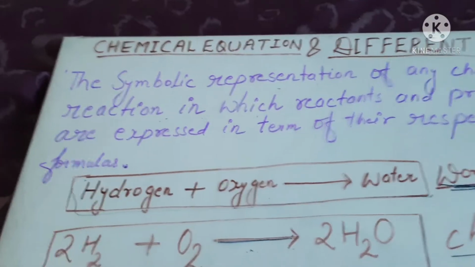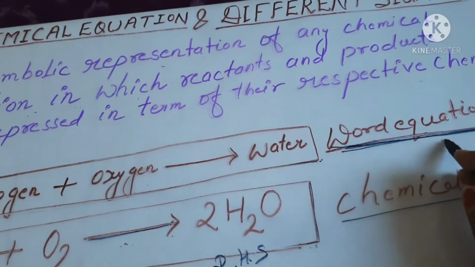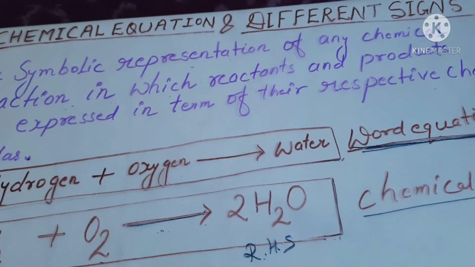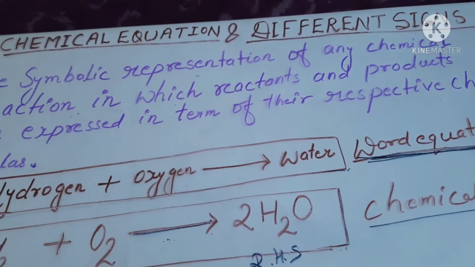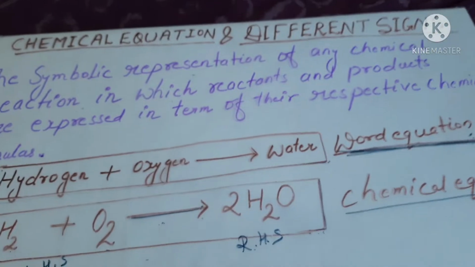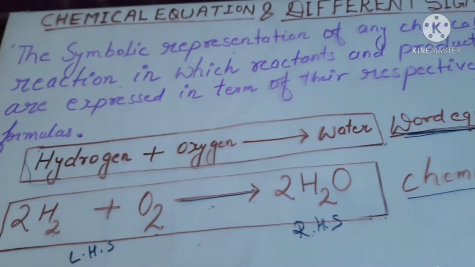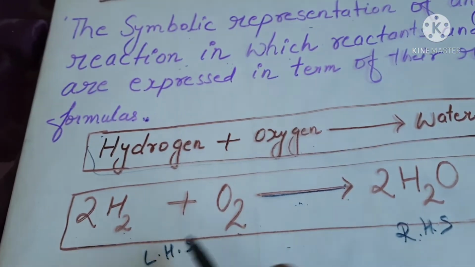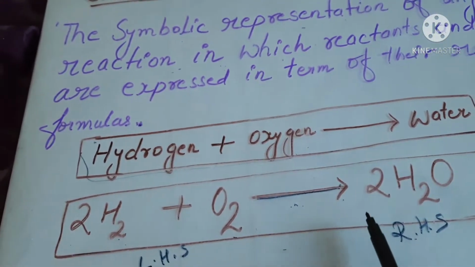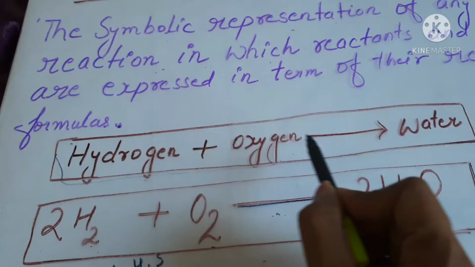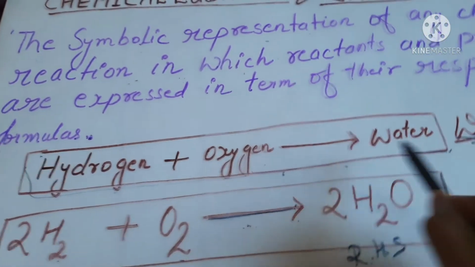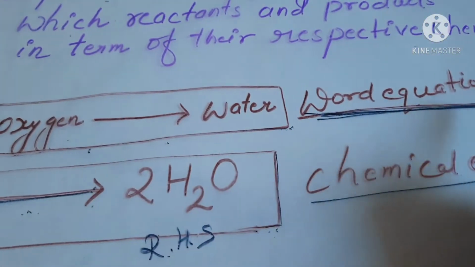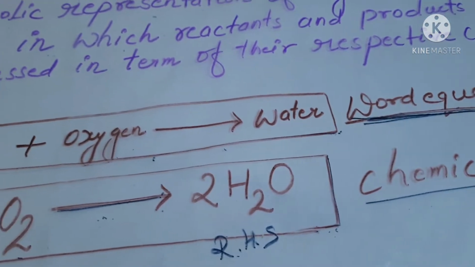But many times we read the term word equation. So let's know about the term word equation. Actually, when we write any chemical equation in the form of words, it is the word equation. Okay.